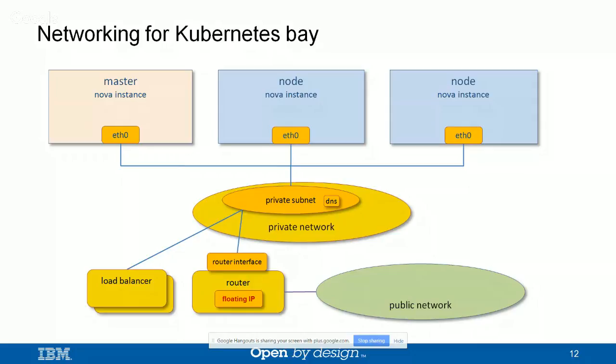On the other way in, we have a floating IP. Floating IP will provide access to the node so that you can log into either the master node or one of the slave nodes. We also have a load balancer that provides load balancing for the services that run on the master node, and also for Kubernetes in particular.